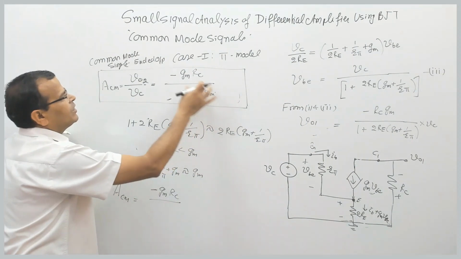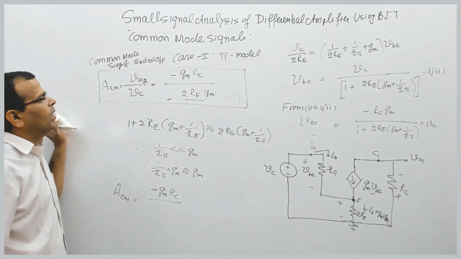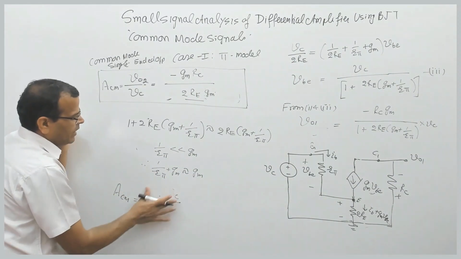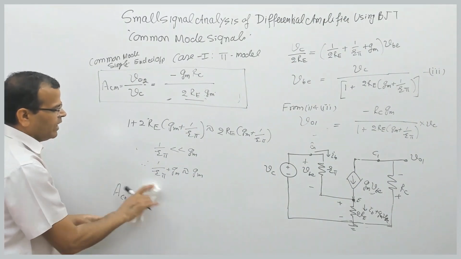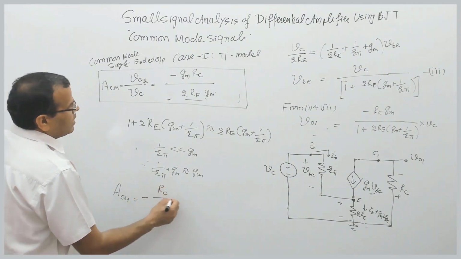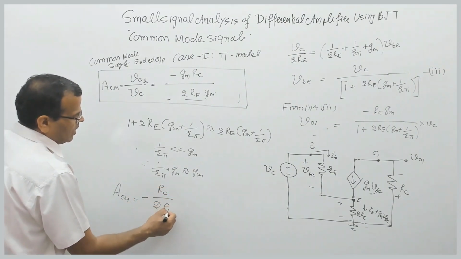So that is the ratio of Gm Rc divided by this factor, and that is nothing but, as I have already explained, minus Rc divided by twice Re.